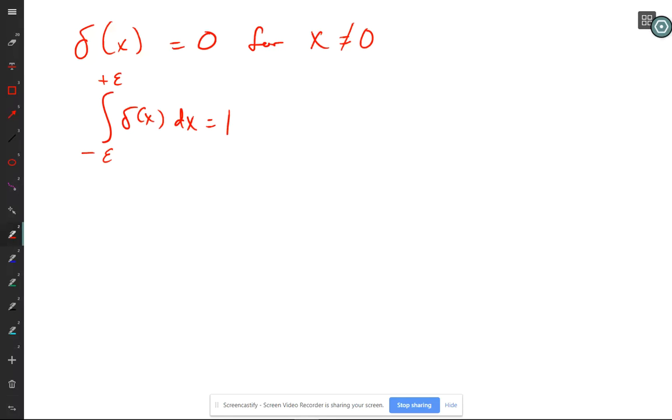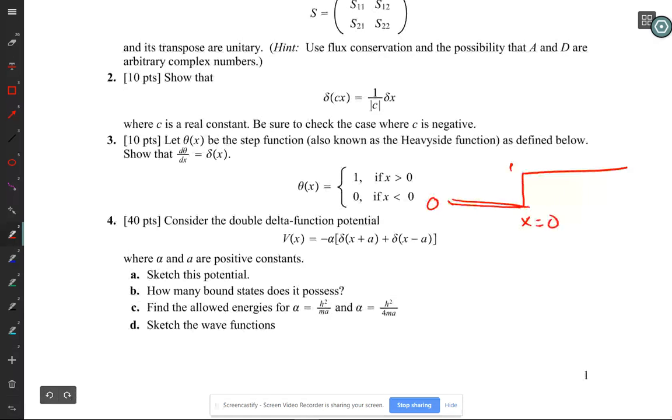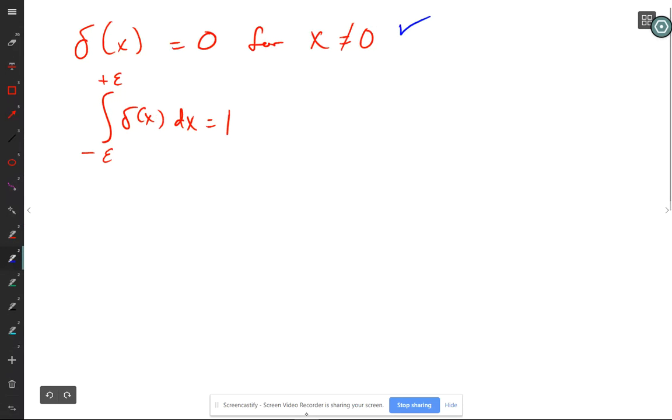So without even having a mathematical equation, I can look at my graph. What is the slope for everywhere except for x equals 0? 0. So the derivative is 0 for everywhere except x equals 0. So this one here, check.